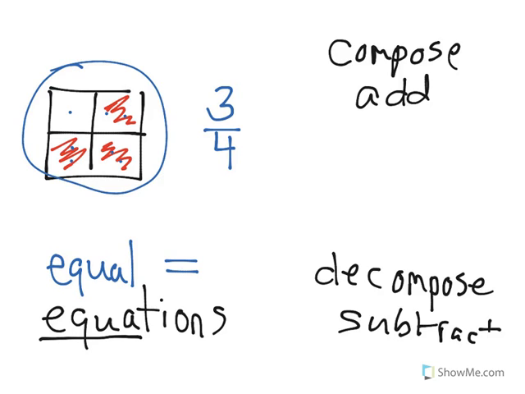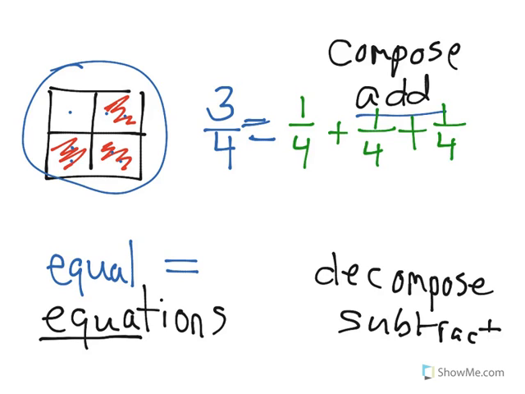If I wanted to compose this fraction, I am finding a way that I can add up the fraction. Remember that I'm trying to make an equation, so I put my equal sign, and I think 1/4 plus 1/4 plus 1/4 would equal 3/4.